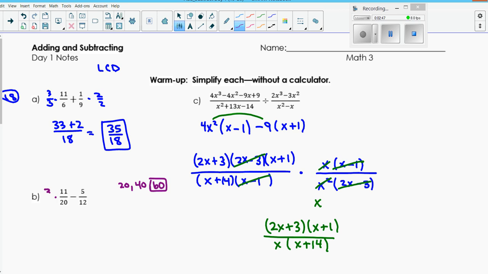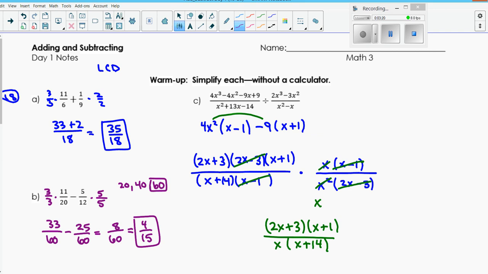So I multiply this by 3 over 3, and I multiply this by 5 over 5. So 33 over 60 minus 25 over 60. So 33 minus 25 is 8 over 60, which can be simplified to 4 over 15. Okay, so that's the idea with a common denominator.